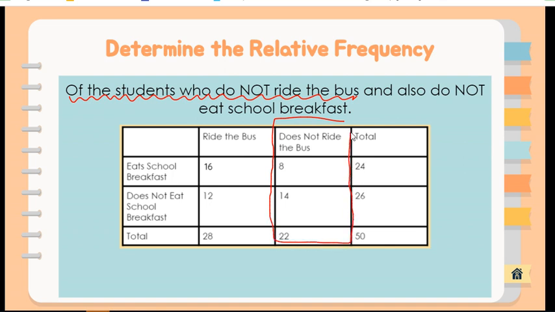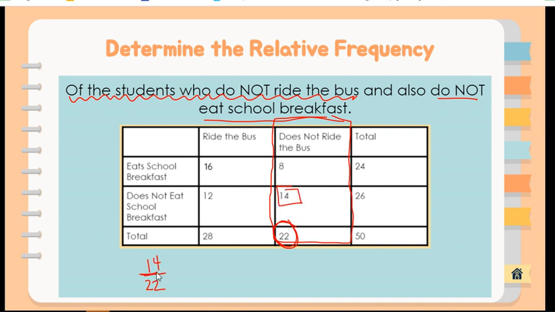All right, so what's the total number that does not ride the bus? 22. So I know in my fraction, 22 is going to be my denominator. All right, so out of those 22, how many also do not eat school breakfast? So I'll come over here, does not eat school breakfast, and that would be 14.